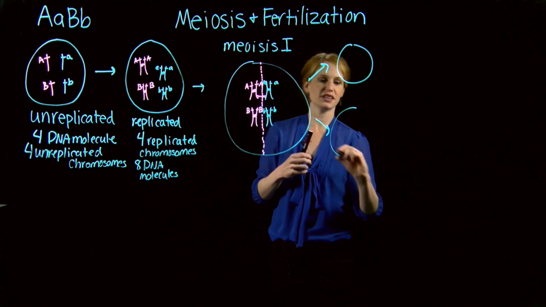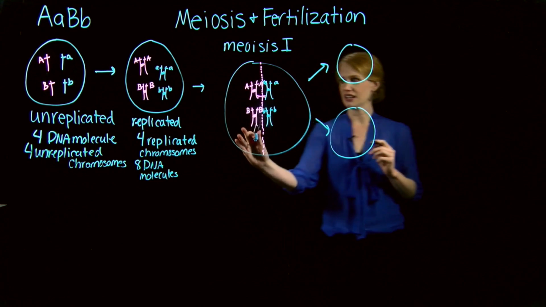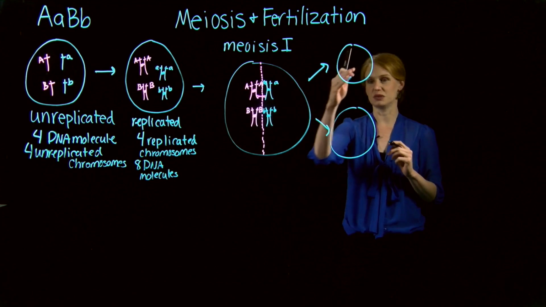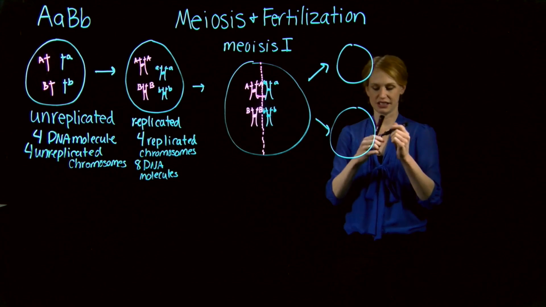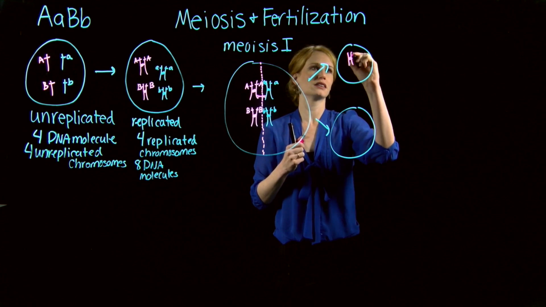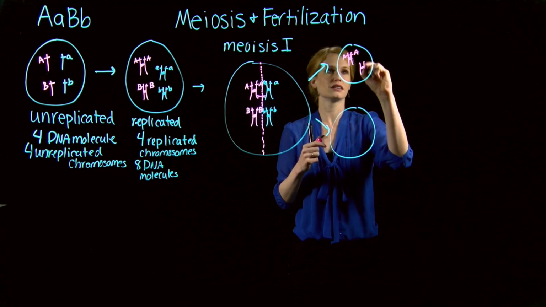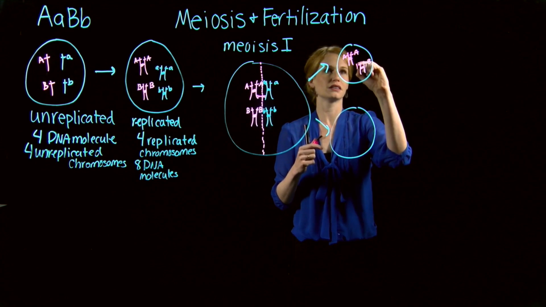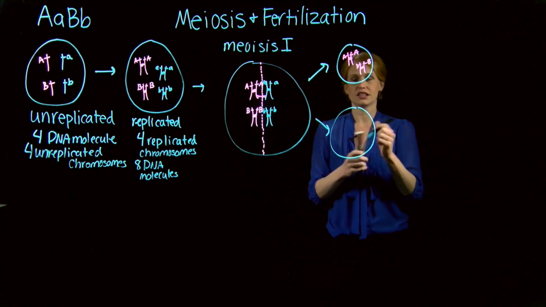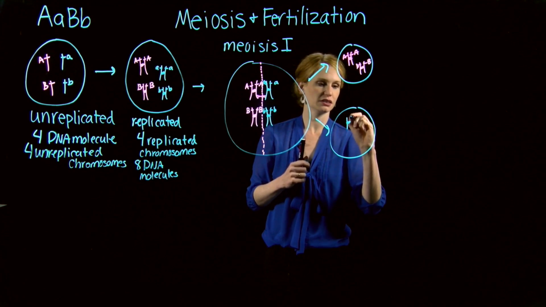So all I'm going to draw here is these DNA molecules on this side of the cell in one cell, and then the other ones in the other cell. And for simplicity, I'm not drawing the result of crossing over.